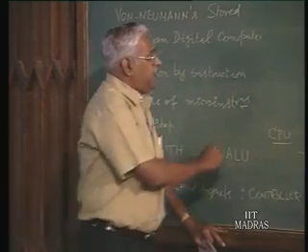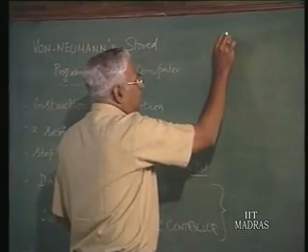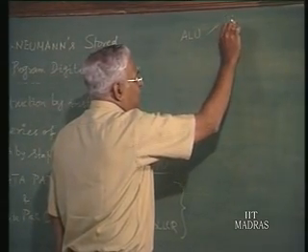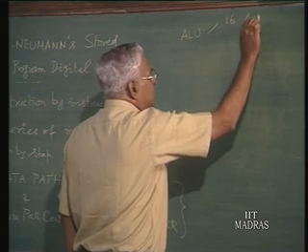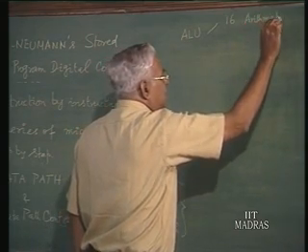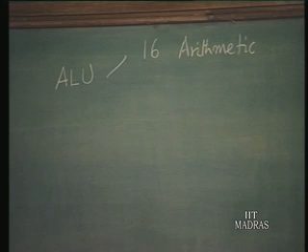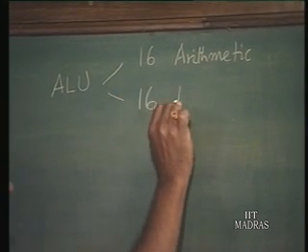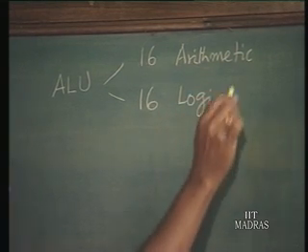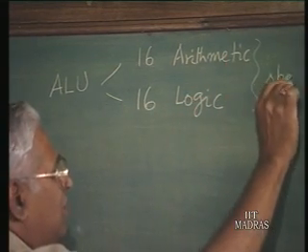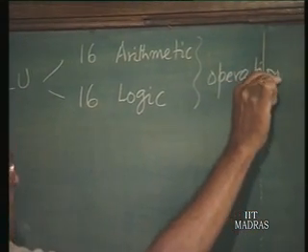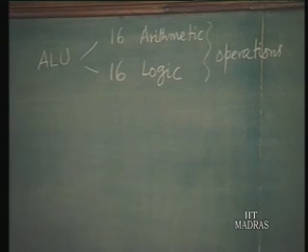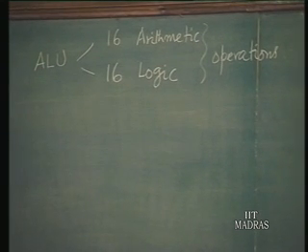We took as an example an ALU which can execute, I think I said something like 16 arithmetic operations and let us say 16 logic operations. Okay. These are the operations, and the way you arrange these operations would depend on precisely what exactly the instruction that is to be executed.